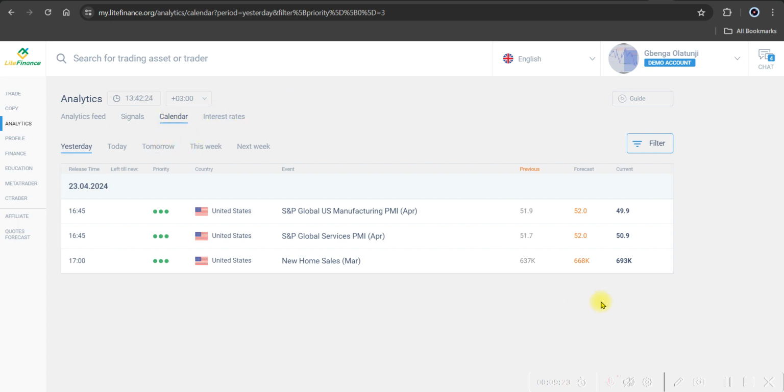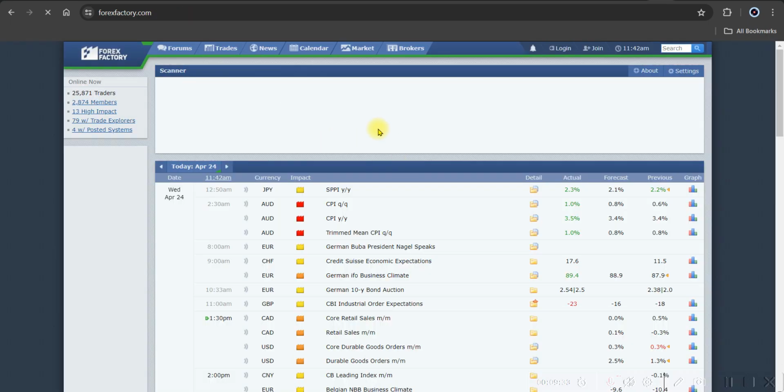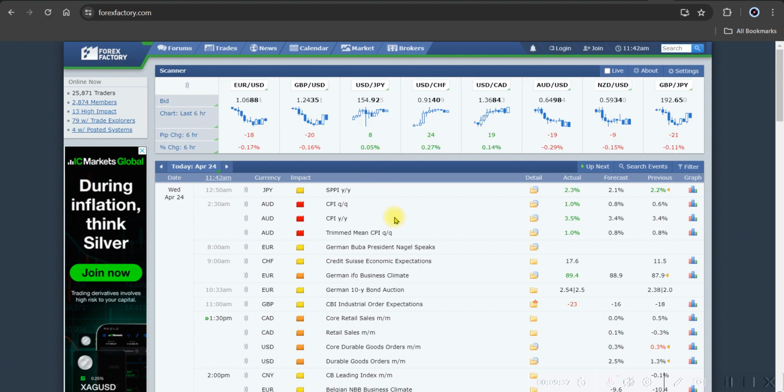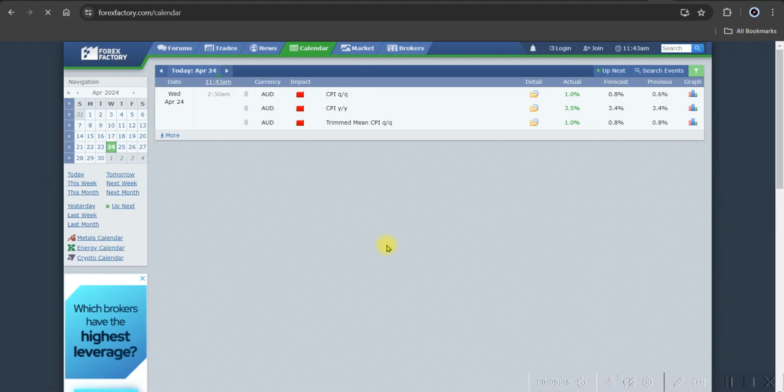So the second one is the Forex Factory, forexfactory.com. So we check forexfactory.com. So this is how Forex Factory is displayed. So all we need to concern ourselves about under here is the calendar. That is what we want to check. And please, we need to make sure that we check our time zone.